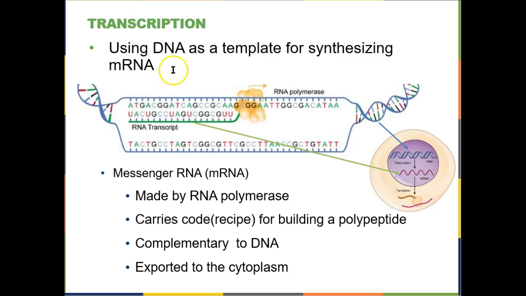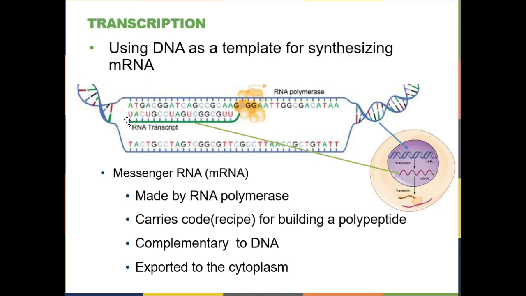The way it works is one portion of your DNA double helix is pulled apart, or melted. Another enzyme called RNA polymerase gloms onto what is called the anti-coding strand of the DNA, and as it makes its way down the DNA strand, it manufactures a single-stranded mRNA transcript that is complementary to the DNA.